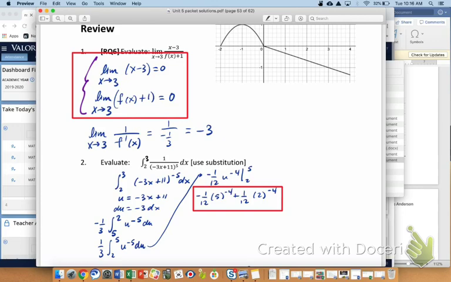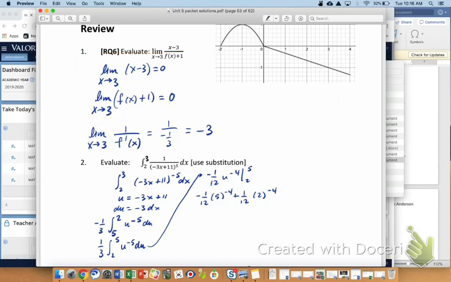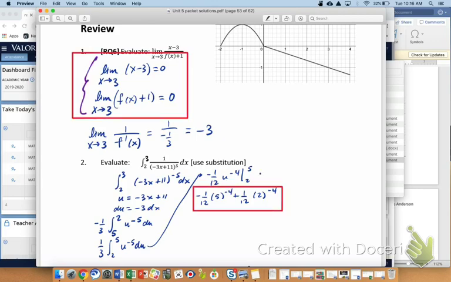If we ended on the stuff before the red box, is that okay for the first one? Not okay, and here's why. FTC1 says find the antiderivative, which at this stage you certainly have found, but you need to actually plug in and subtract, right? It's not just plug in and add, it's plug in and subtract.